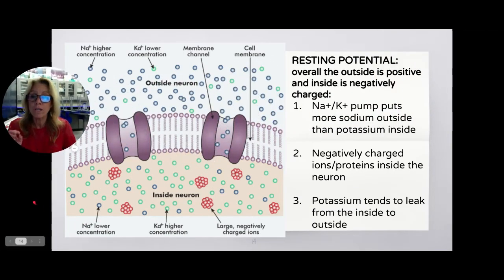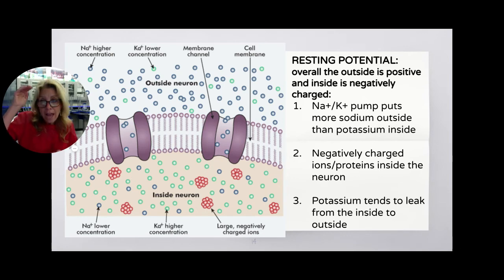So let's look at what contributes overall to the resting potential, because the outside of a resting neuron is positive and the inside is negative. Why? It's a factor of 3 things. 1, I already talked to you about, that was that sodium-potassium pump, which pumps 3 positives out, 3 sodiums out, and 2 potassiums in. Let's look at those. In this picture right here, the sodiums are this blue color and the potassiums are this what looks like green color.